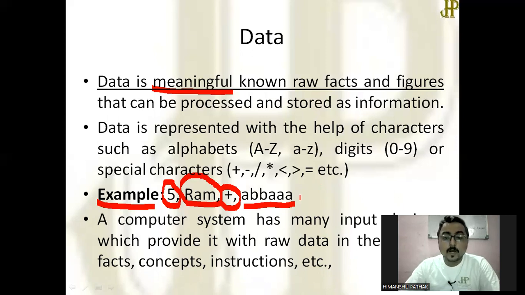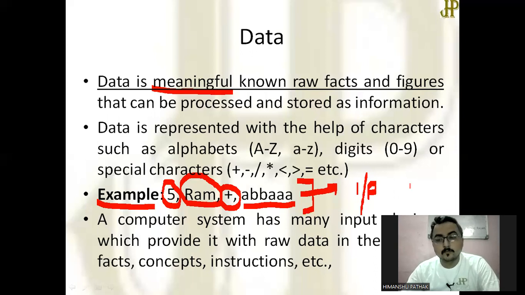But if I am talking about a student who is related to automata, then that student can easily understand that this string is an input to a particular machine. That's why I am again saying that data should be meaningful.